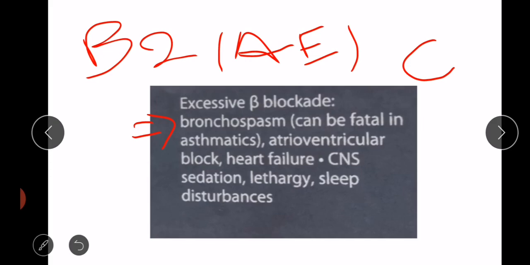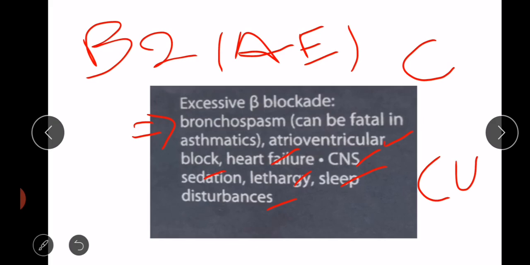Then atrioventricular block, heart failure, CNS sedation, lethargy, and sleep disturbances are also the adverse effects of beta blockers. One thing I have also told you that if we use the beta blockers topically, then they also lead to corneal ulceration.